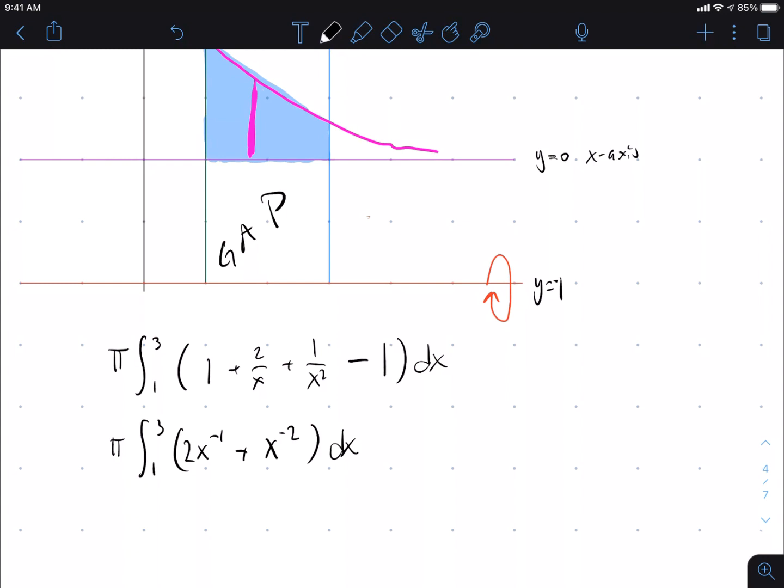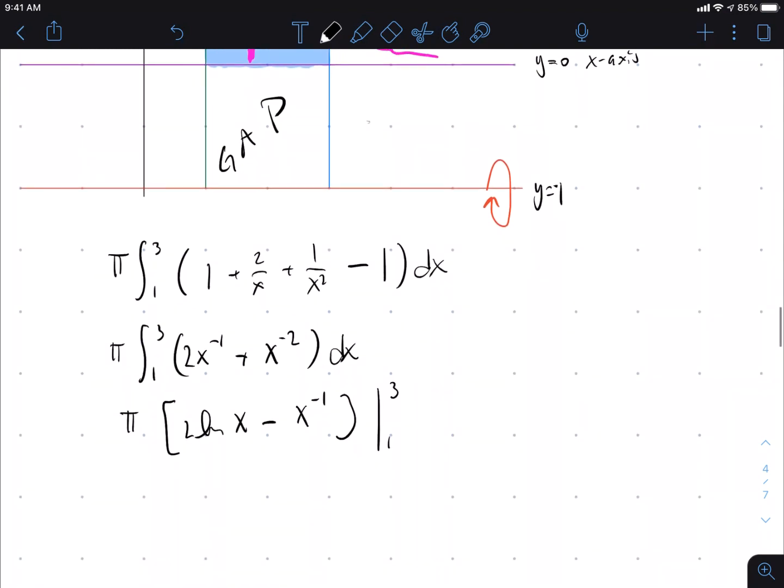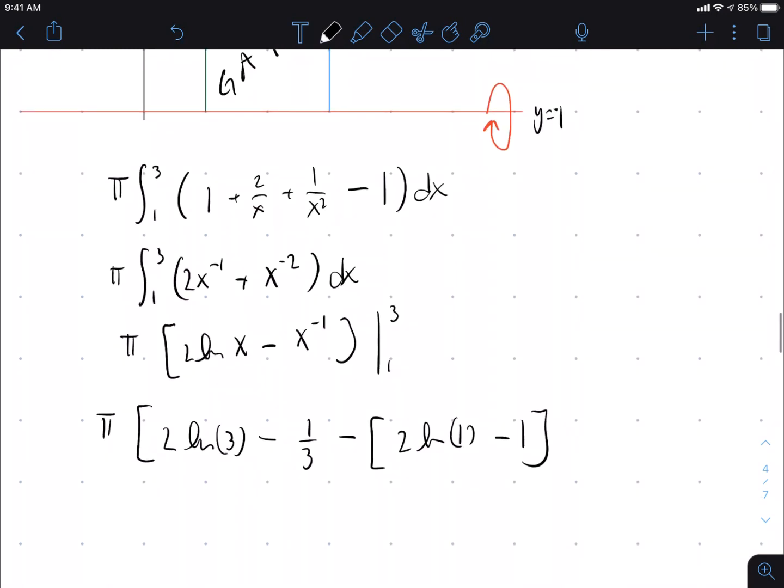So I'm going to get pi times 2 ln of x minus x to the negative 1. Agreed? From 1 to 3. So I'm going to get pi times 2 ln of 3 minus 1/3, minus 2 ln of 1 minus 1. Agreed?